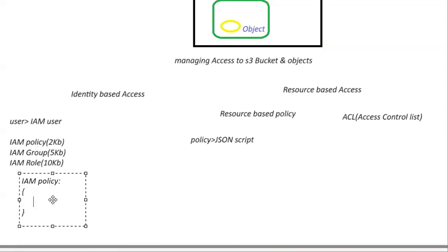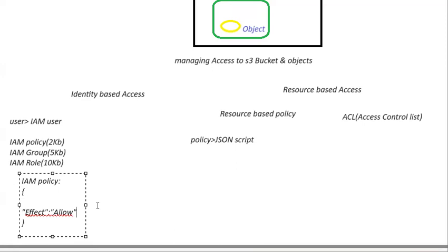Since you are providing this policy to a user, here you need to tell what things this user can do. What I'm expecting is to allow, so I'm providing the effect as Allow. Since I want to allow a particular user to access this bucket, I'm providing the effect as Allow.